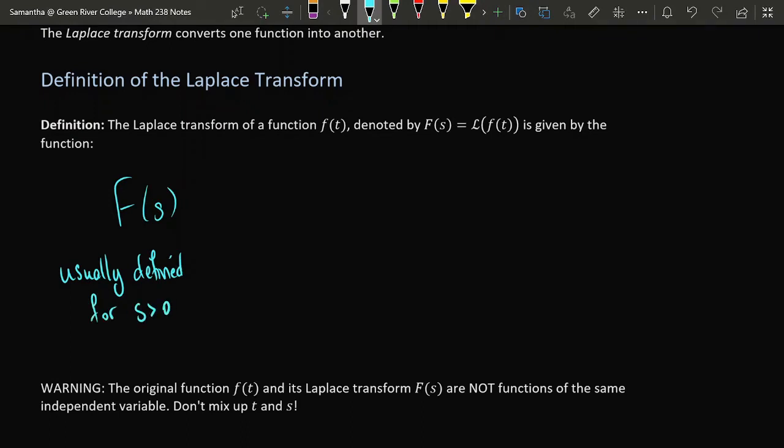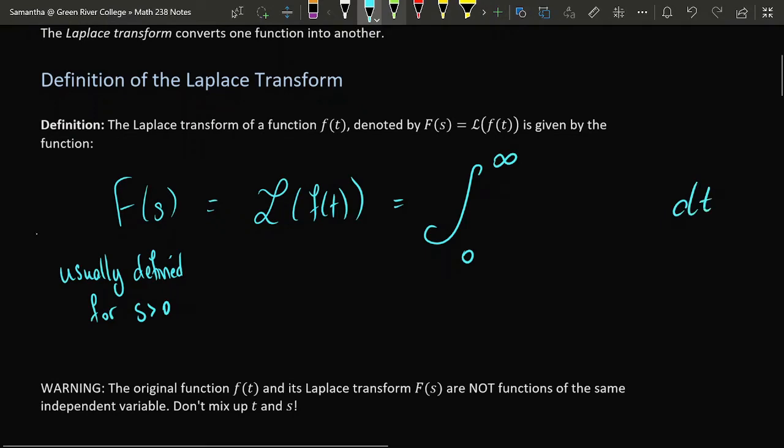And the definition of the Laplace transform of f of t, which is also denoted by this scripty cursive L applied to f of t, is in terms of an improper integral. An integral as t goes from 0 to infinity.